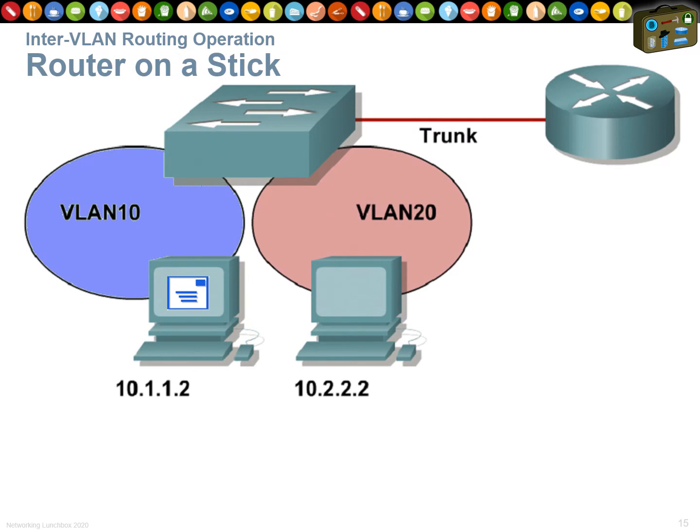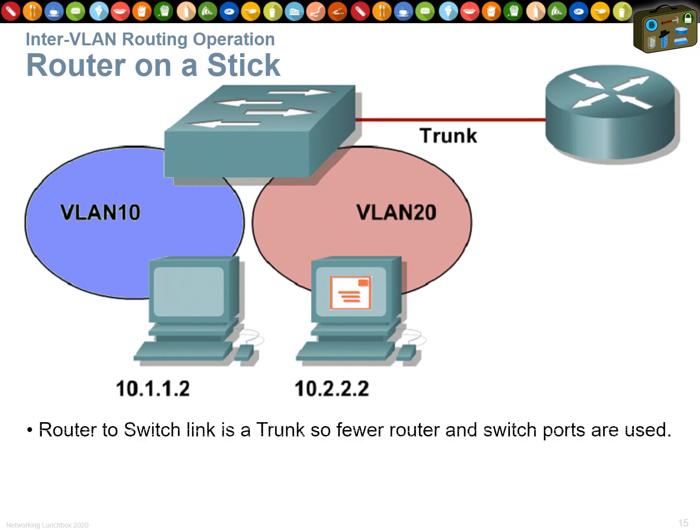But this is a much more common and much more interesting one: router on a stick. So we've got a PC on VLAN 10, it goes into the switch on VLAN 10, it goes to the router on a trunk. It gets routed. It comes out on VLAN 20. It goes back along the trunk on VLAN 20, and then it leaves the switch on VLAN 20. Router on a stick, so fewer ports are used because it's a single trunk.